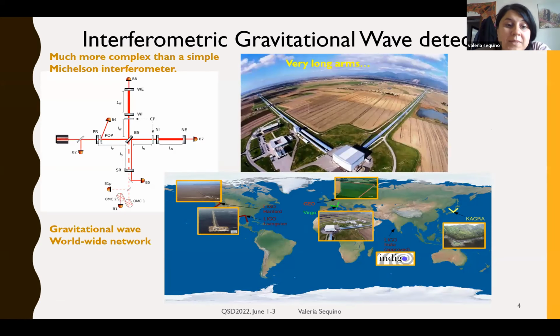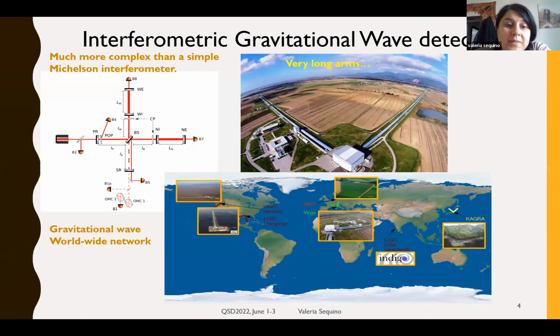And there is another cavity that is called the signal recycling cavity that is used to modulate the shape of the sensitivity curve of the detector. Of course, there are not only these optics, but there are a lot of auxiliary optics, auxiliary benches, also suspended benches that are used in order to have a good shape of the beam, and to control all these cavities.